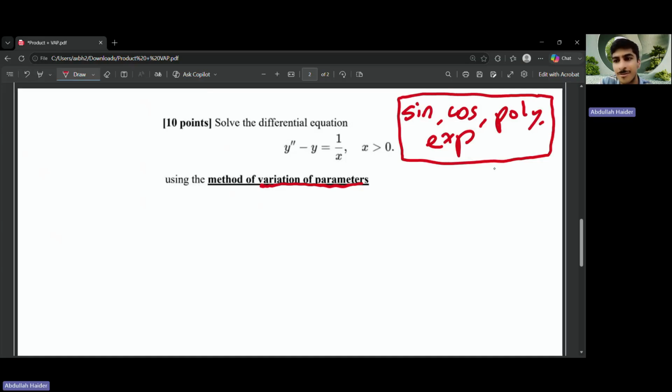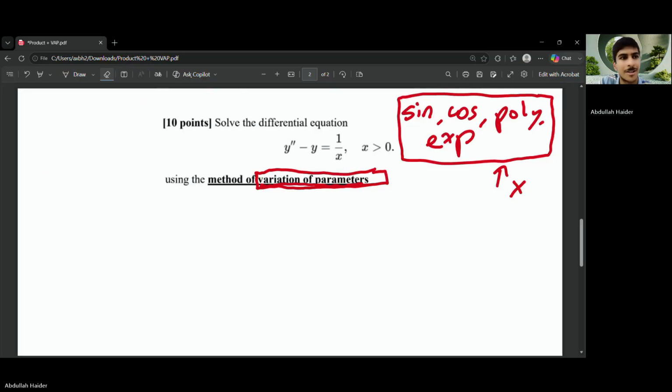If you don't have these four on the right side, you have to use the variation of parameters. Now you would tell me, but this looks like a polynomial. But the rule is this is 1 over x. So in this kind of concept, 1 over x is not considered a polynomial. So hence you have to use the variation of parameters.